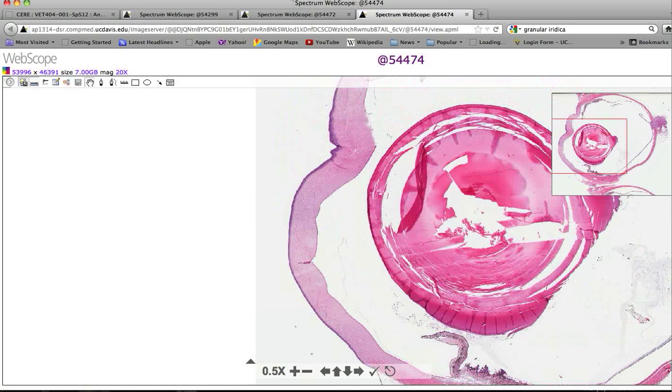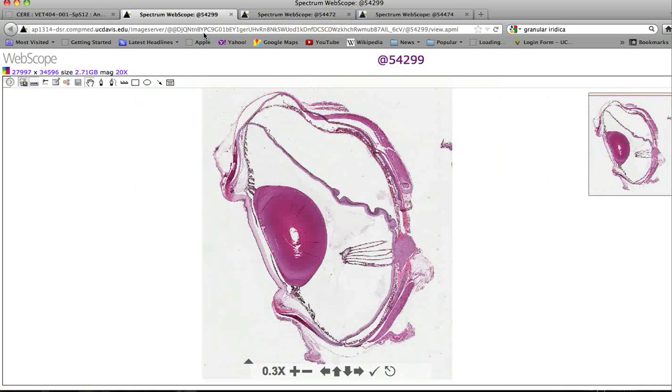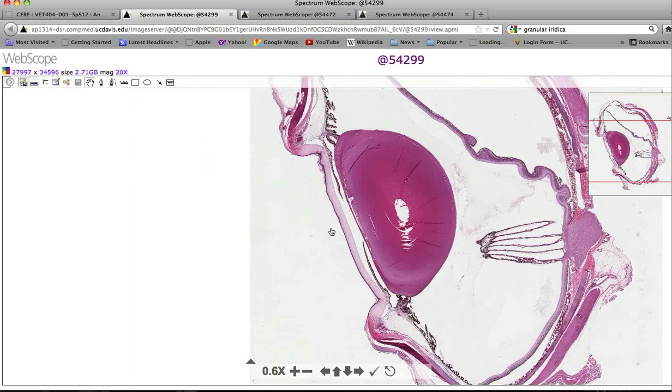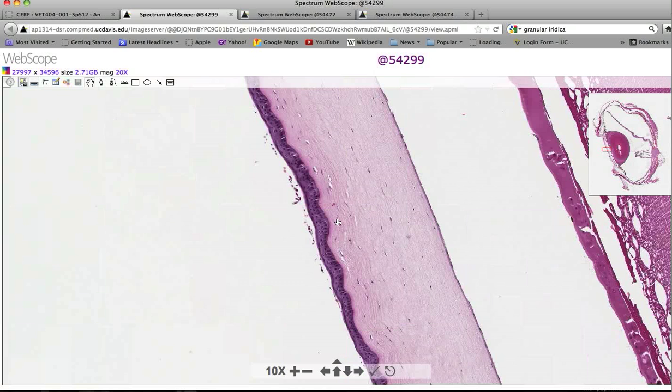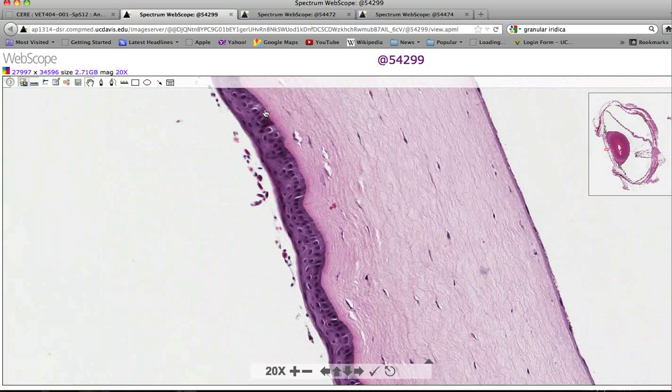Just quickly, we're going to jump to the duct, and I'll just point out Bowman's layer, which was discussed by Dr. Murphy. We can see this brighter eosinophilic and acellular band, if you will, underneath the corneal epithelium. This is an area of modified stroma. The purpose of it is not known.